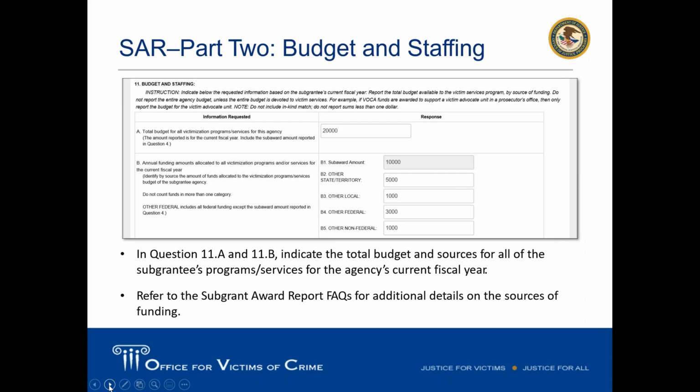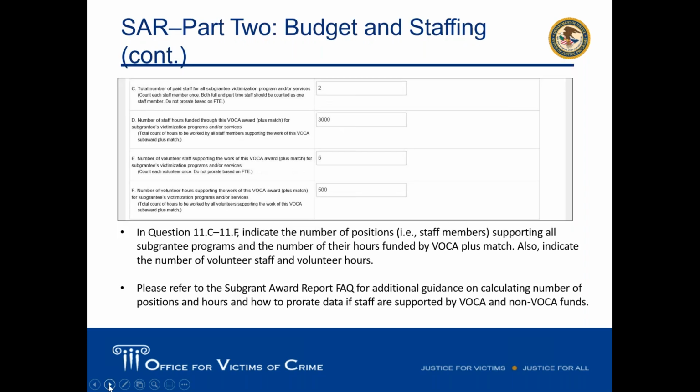Then it talks about your budget and staffing. This breaks it down as far as your volunteers as well as each individual that you have listed within your agency that are working during this current fiscal year. You do have to break it out according to your positions, and the number of hours that are provided that are funded by your VOCA plus your match.